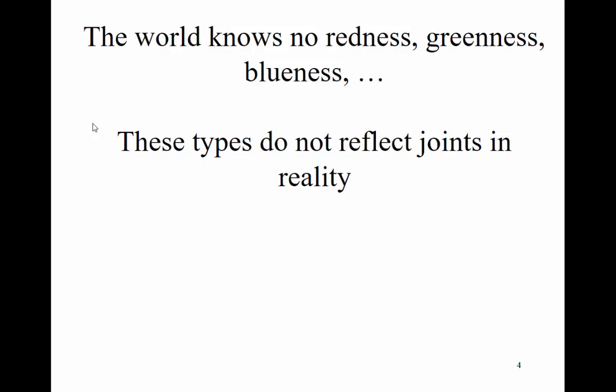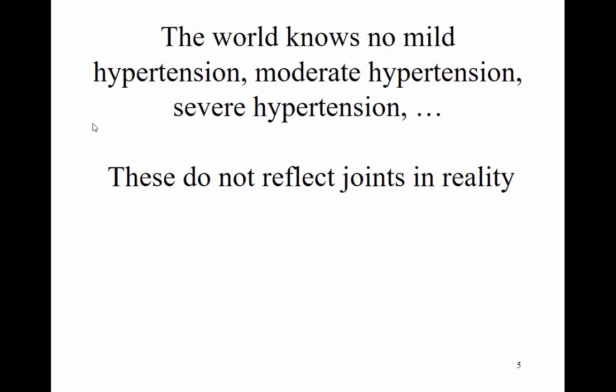All right. Something similar applies also in other kinds of continua. So in medicine, we talk about hypertension, and we talk about some people who suffer from mild, some people who suffer from moderate hypertension, and so forth.